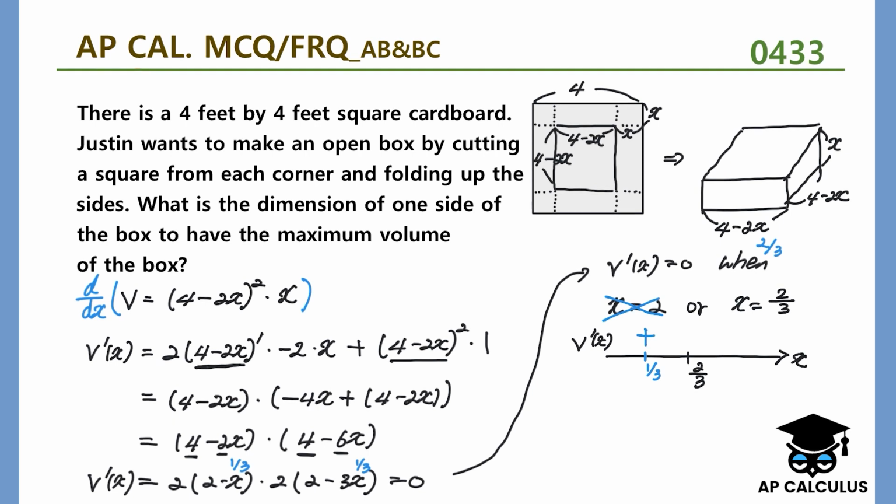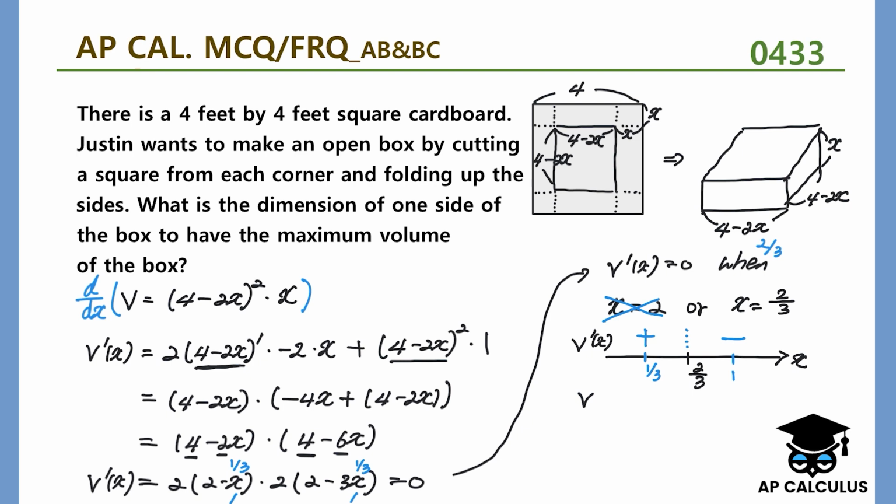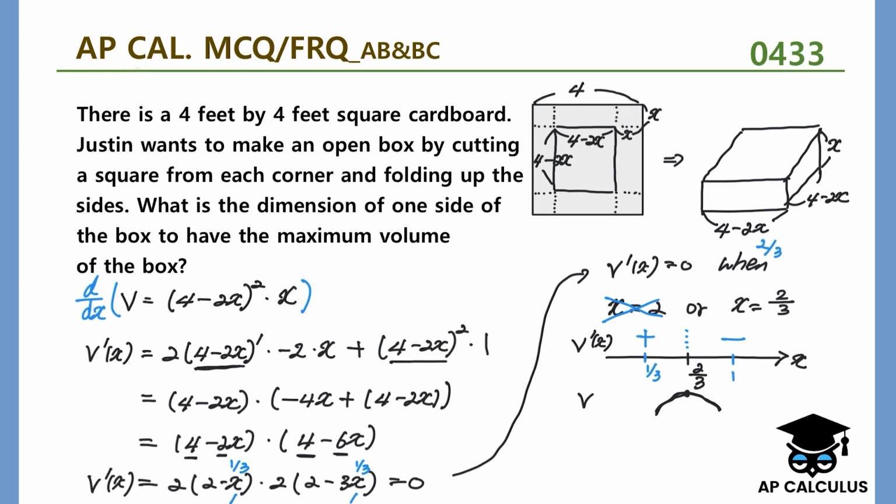So we have a positive here. And if we substitute, I guess, 1 here, then that's going to be positive, negative. So negative, right? So the volume increases up to this value right here, and then decreases, like that, right? So we'll have maximum volume when x is equal to 2 over 3.